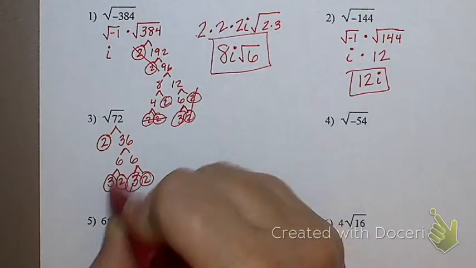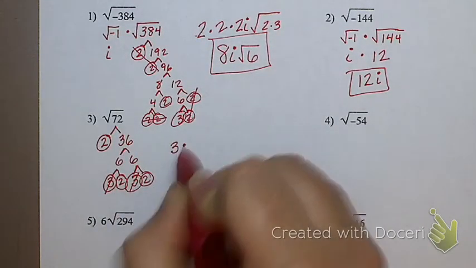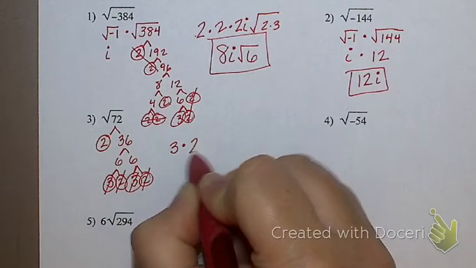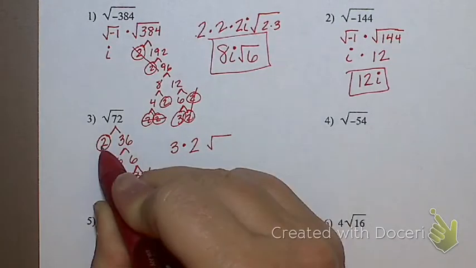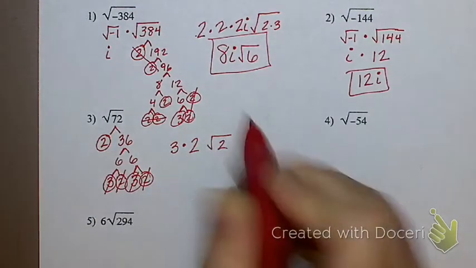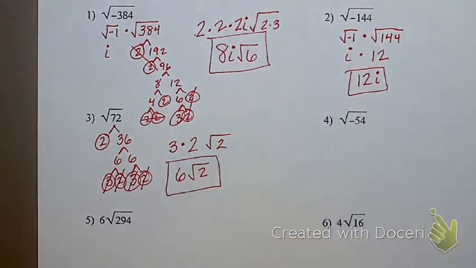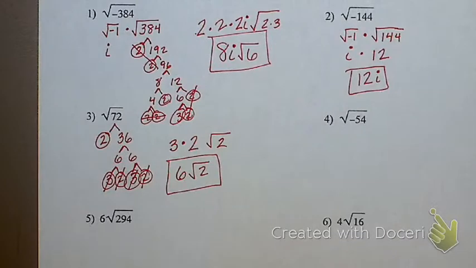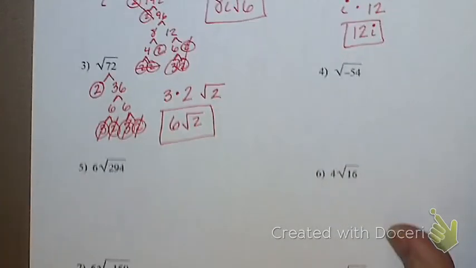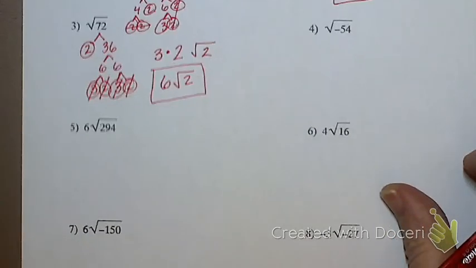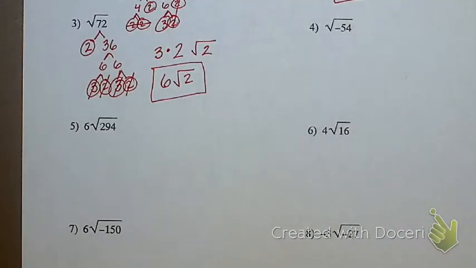I have a pair of 3s, that means a 3 outside. I have a pair of 2s, that means a 2 outside. And I have one loner 2. He's got to stay at home. So I have 6 radical 2. Okay. I want you to try and finish 4 through 8, and I'll catch up with you in a few minutes.